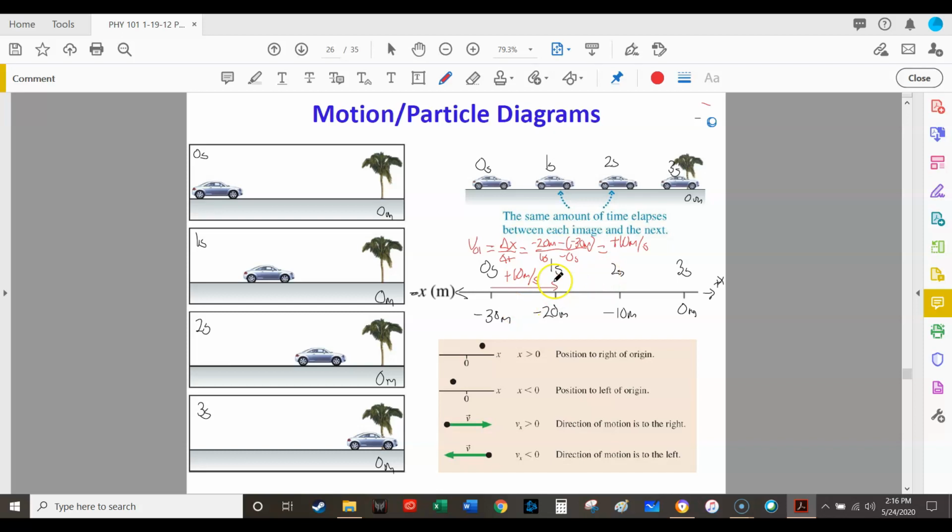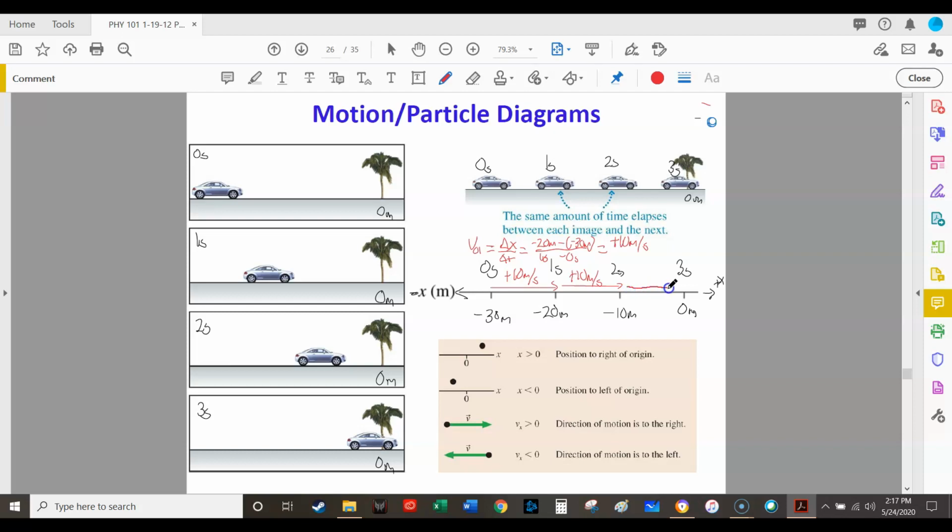Well, if we continue on with this, we could represent the next velocity vector, which is also negative 10 meters minus a negative 20 meters over 2 seconds minus 1 second. So it's traveling to the right 10 meters for every second.